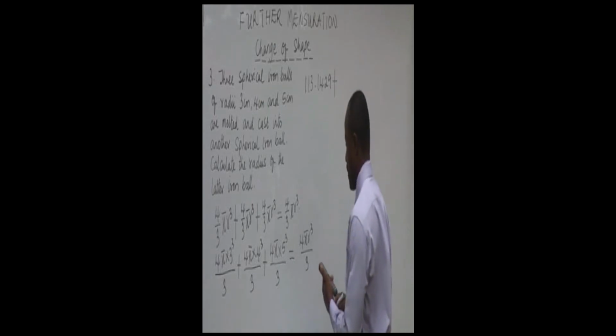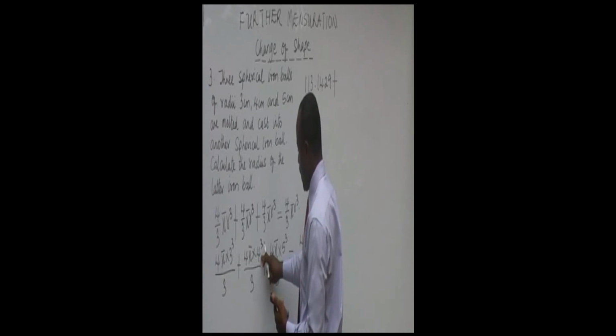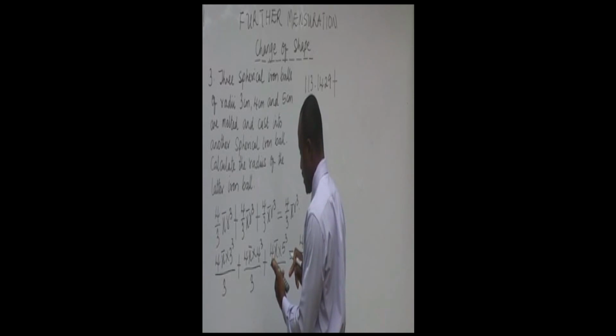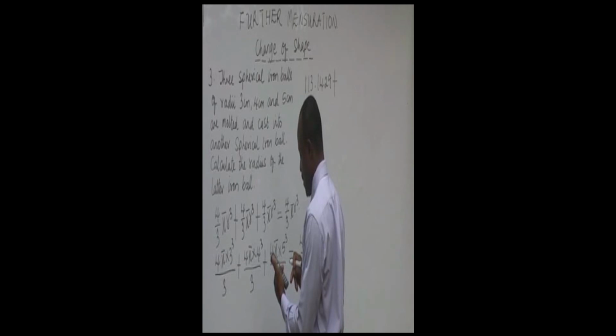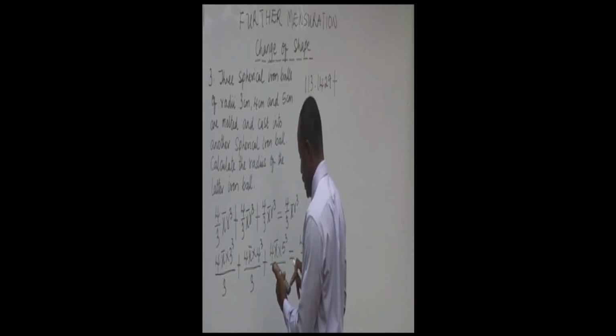Then plus, let's calculate this. First of all, 4 times 4 times 4 is 64. So let's start from the value of pi, which is 22 divided by 7, giving us this, times 4, times 64, then divided by 3.